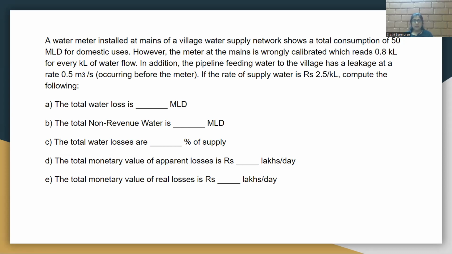If the rate of the water supply is 2.5 rupees per kiloliter, these are the things that you need to compute: total water loss, non-revenue water, percentage of losses, monetary value of the apparent losses, and monetary value of the real losses.